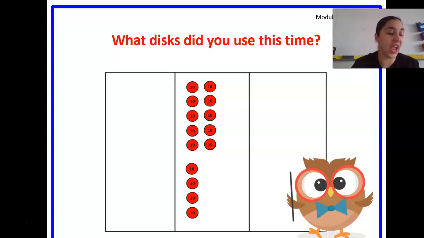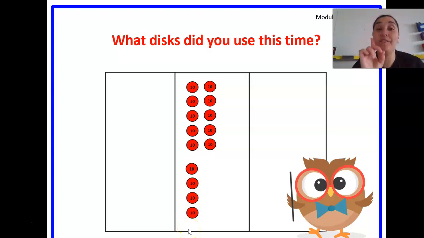Now let's touch and count by tens to find the value of the tens. Ready? 10, 20, 30, 40, 50, 60, 70, 80, 90, 100, 110, 120, 130, 140.